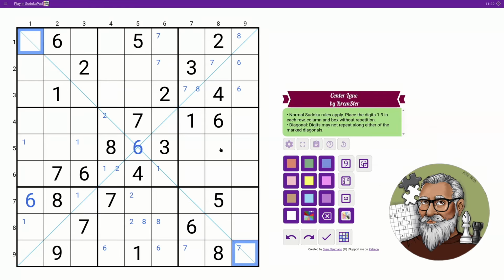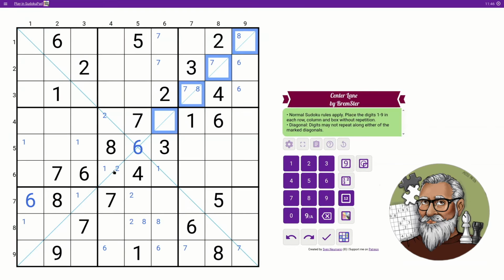In any case, how do I proceed without just continuing to scan the whole puzzle for something? I can pencil mark the diagonals, but that's probably not going to be very interesting. I know that there is a 7 and an 8 here, but 9 could be in any of those.